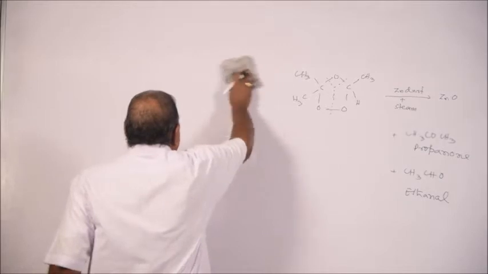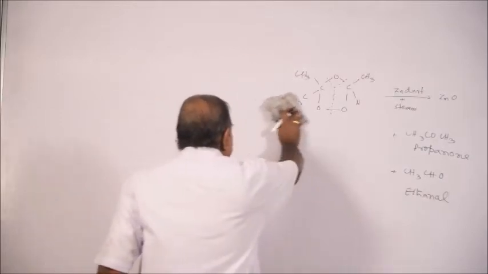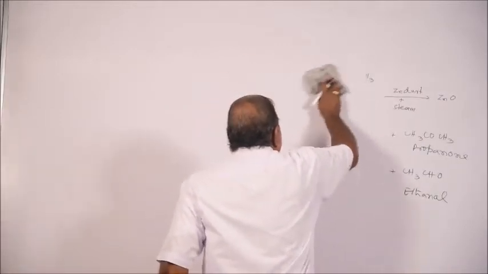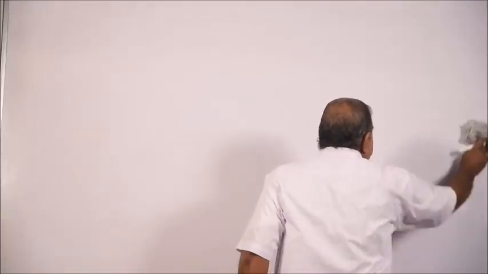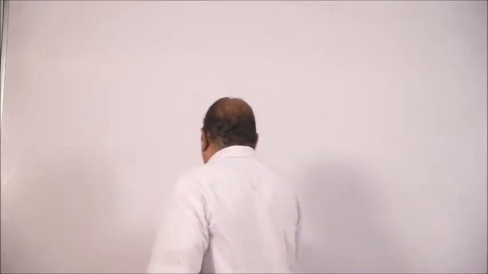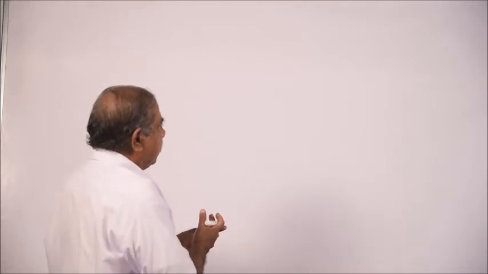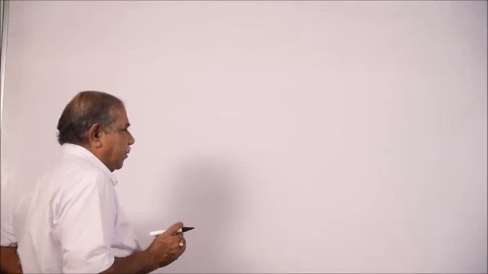Number 1, addition with hydrogen, addition with halogen. But when a hydrogen halide or an unsymmetrical molecule is added to an unsymmetrical unsaturated hydrocarbon, the addition product formed is governed by Markovnikov's rule. According to Markovnikov's rule, the negative part of the additive reagent will attach to the carbon atom having the least number of hydrogens.